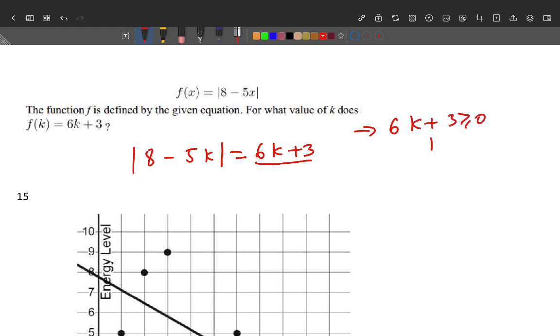From here k should be greater than this number, and 8 negative 5k, if it's greater than 0, we open the absolute value with positive. This equality gives us k should be less than 8 divided by 5.